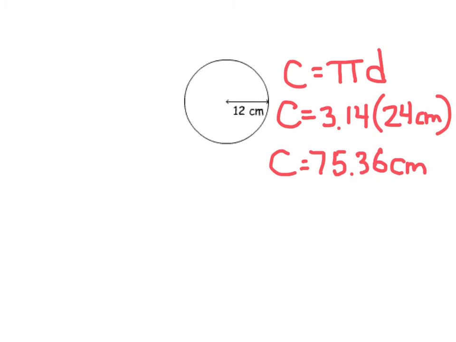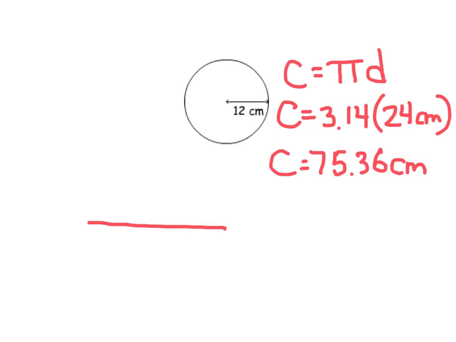Okay? And notice that the units are just regular centimeters or regular inches because circumference is a one-dimensional measurement. You can think about it, a one-dimensional measurement is something that's linear. So if I measure the length of a wall, that's a linear measurement.